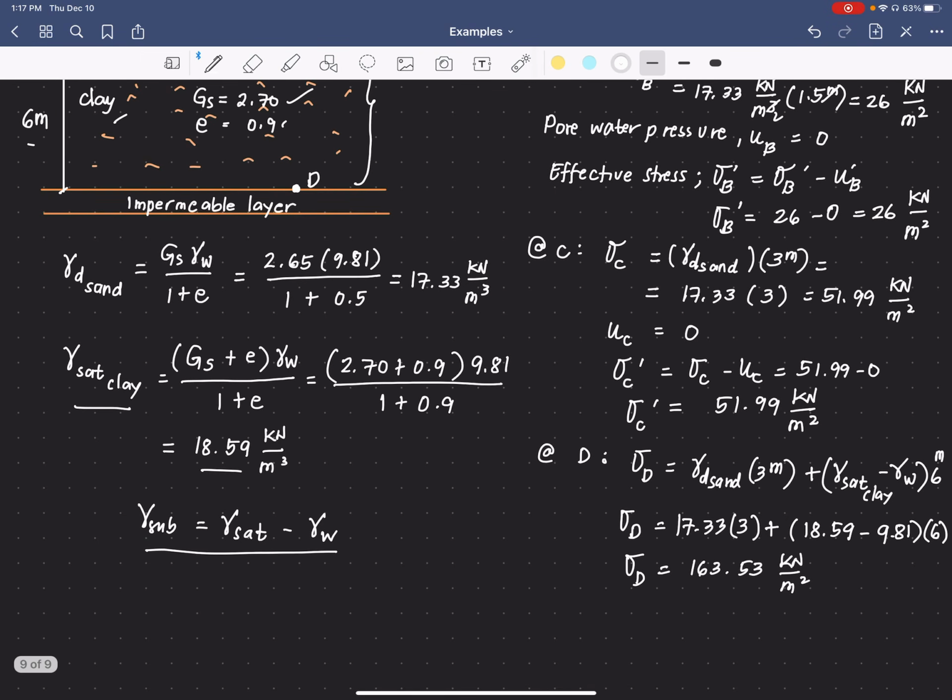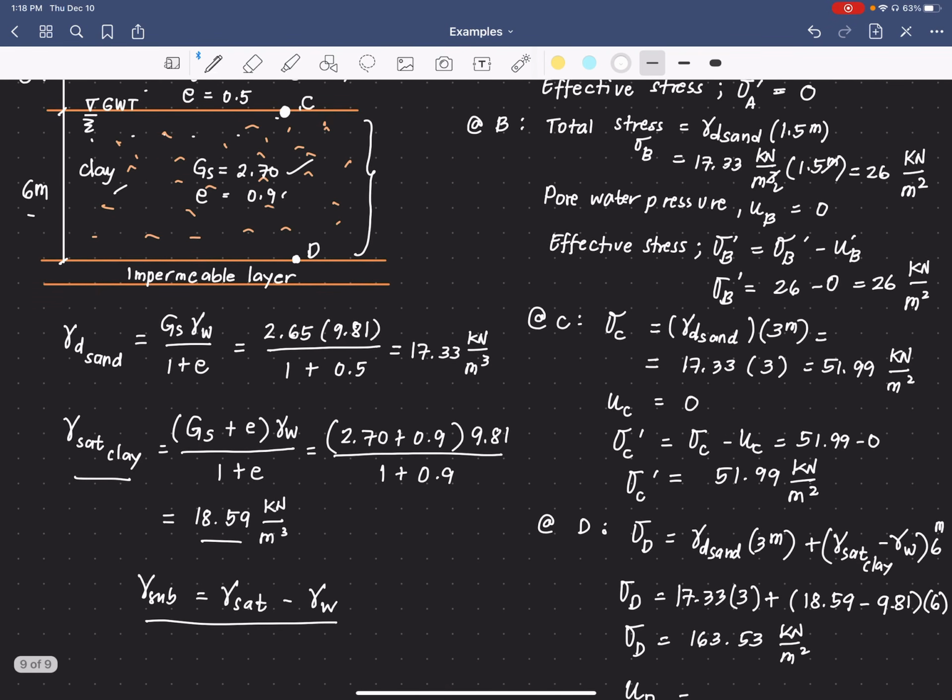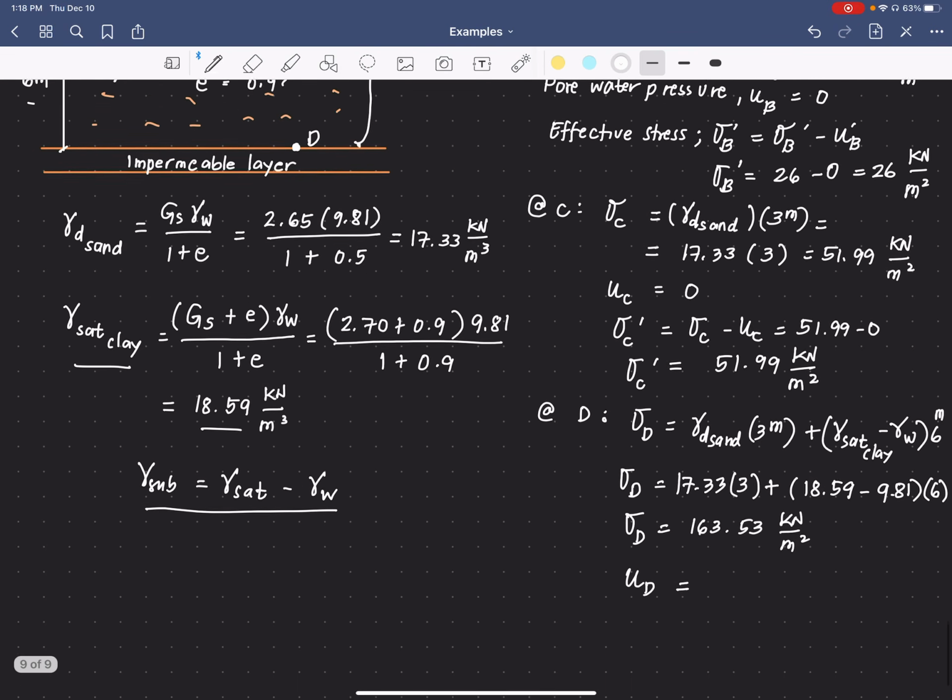Then we have the pore pressure at point D. This time we have the pressure coming from the water below the groundwater table. So we have here a water pressure from this point to this point, which has a distance of 6 meters also.